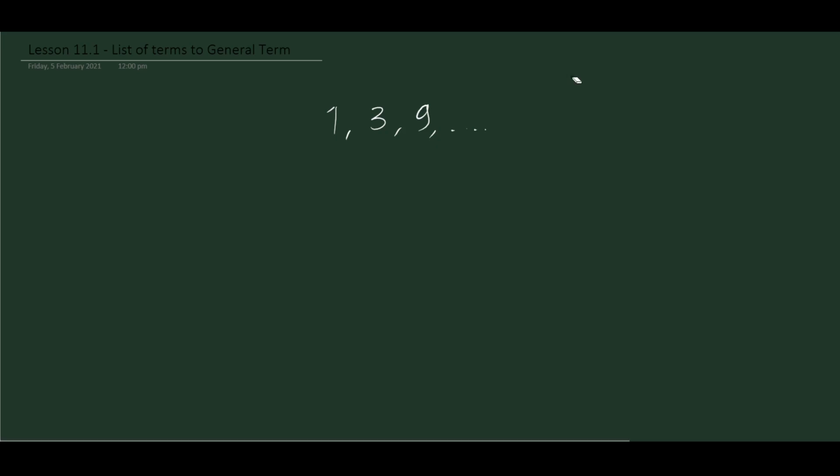So let's take a look at three different general terms. So we have an, which is equal to 3 raised to n minus 1. Okay, so this is a general term, right? So since this is a1, a2, a3, let's try if we can get these three terms using this general term.